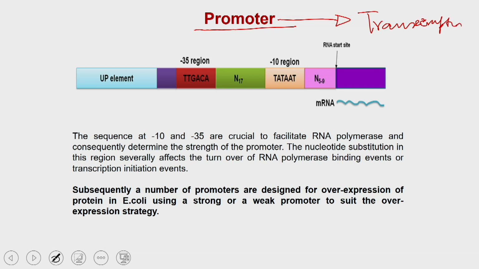In a typical promoter you have two regions, one is called the -35 region, the other one is called the -10 region, and this is your site 0 from where the messenger RNA is going to be synthesized.